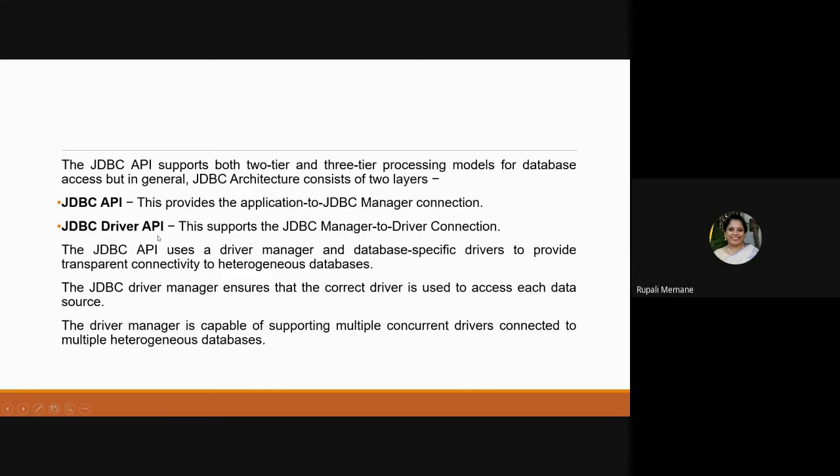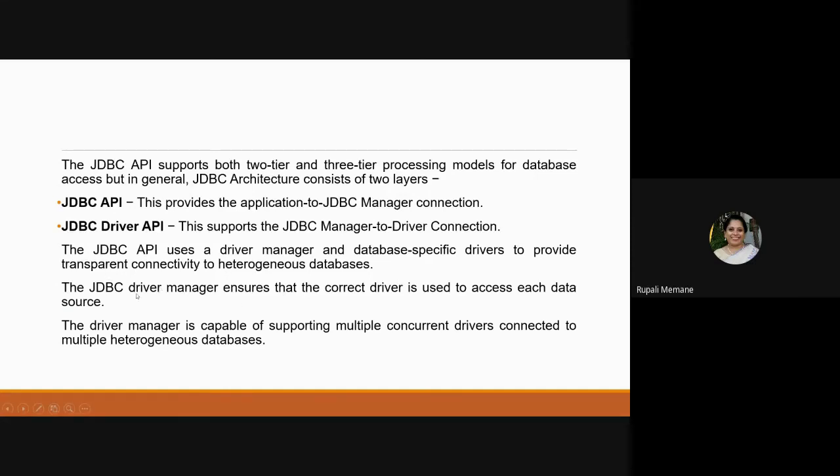So JDBC API uses a driver manager and database-specific drivers to provide transparent connectivity to heterogeneous databases, because your databases might be heterogeneous. Some data you have stored in MySQL, some in PostgreSQL, some in MS Access and other things. So data can be stored at different places, and you need an appropriate driver for that.